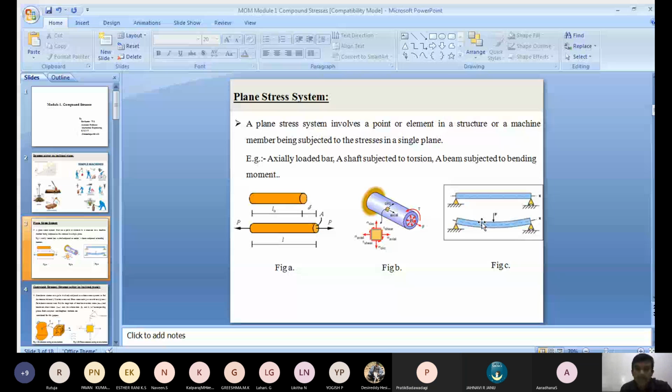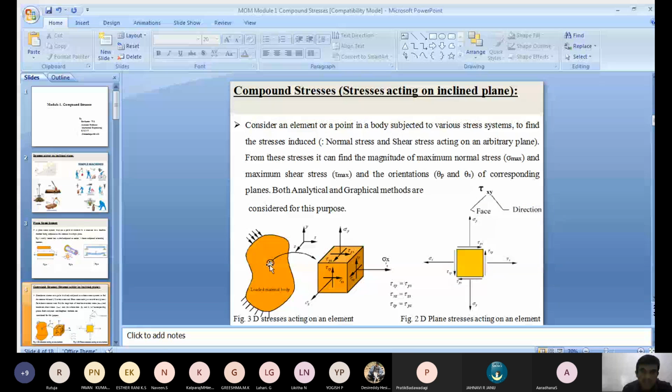Most structural members, machine components, aircraft structures or any engineering component are three-dimensional in nature. When a body is subjected to several loads, that produces several stresses. Once several stresses are acting on a three-dimensional body, we determine the stress at a point.